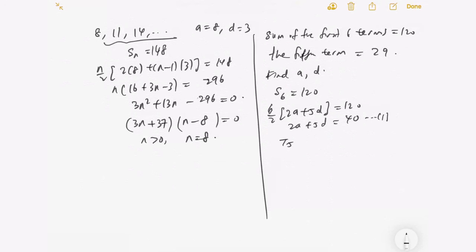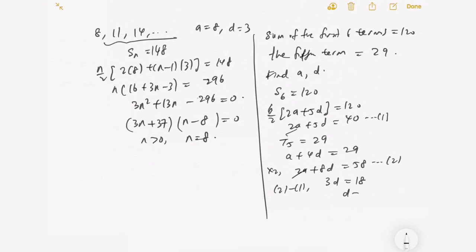The fifth term is now 29, use the formula a plus n minus 1 d is 29. So I'll take this equation times 2, so I get 2a plus 8d equals 58. Reason being, I want to eliminate a with equation 2 minus equation 1. 2a minus 2a cancel out, 8d minus 5d is 3d, 58 minus 40 is 18, d is now 6.